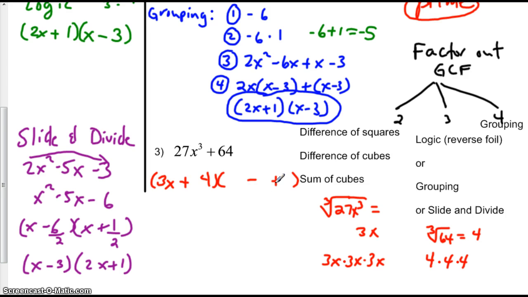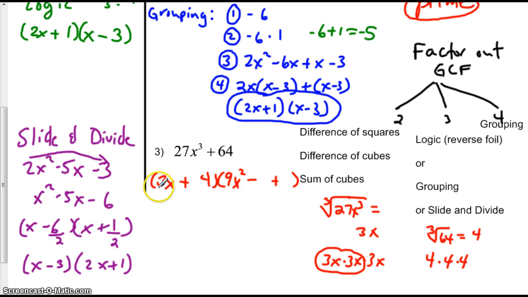Now the last thing we do is square, smash, square. So we're going to square 3x. That means 3x times 3x, which would be 9x squared. So that gets written here. Then we smash.